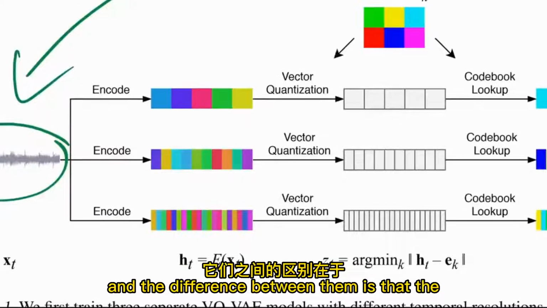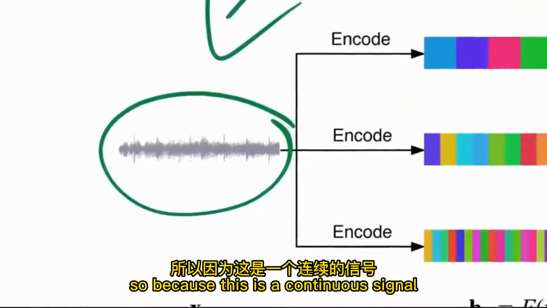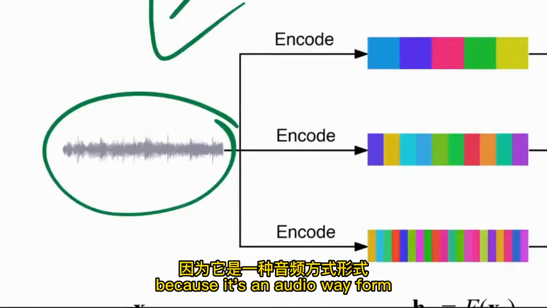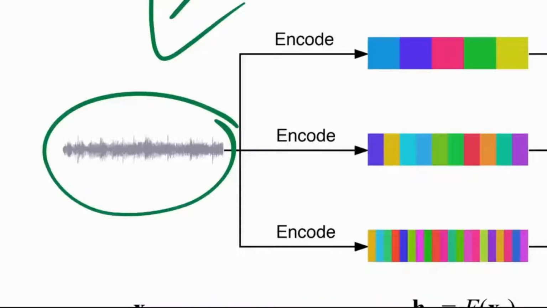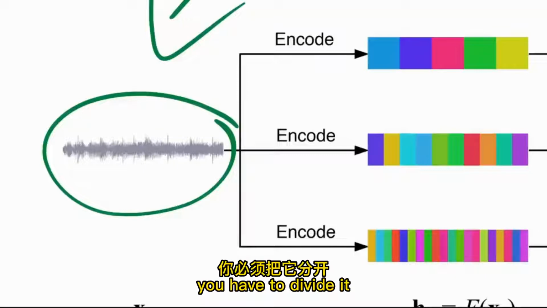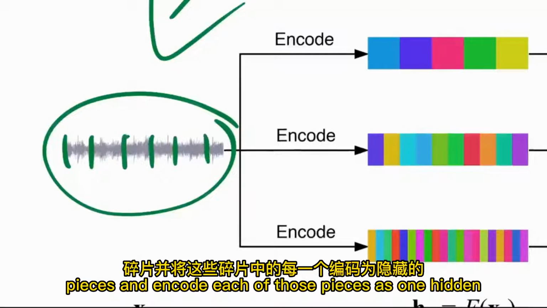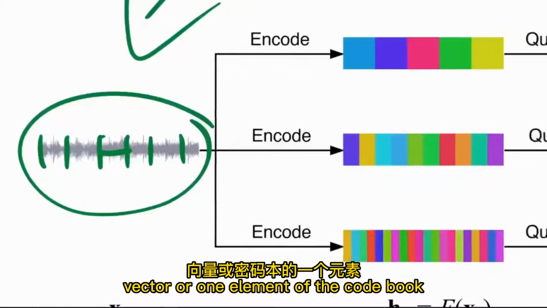And the difference between them is that, because this is a continuous signal, an audio waveform, you cannot just encode it directly. What you have to do is go through it in some sort of stepwise fashion. You have to divide it into individual pieces and encode each of those pieces as one hidden vector, or one element of the codebook.